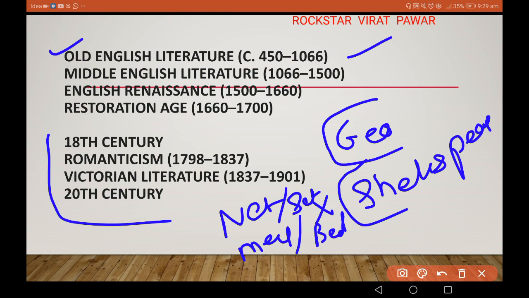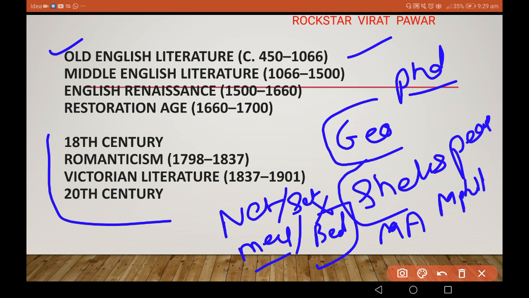B.Ed will not ask so many questions from this, but for M.Ed you will have to complete various information. For M.A, MPhil, you will get various useful information from these topics. For PhD also, these are the topics we have to study.